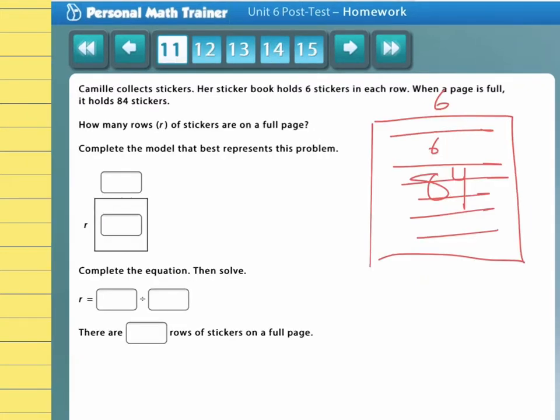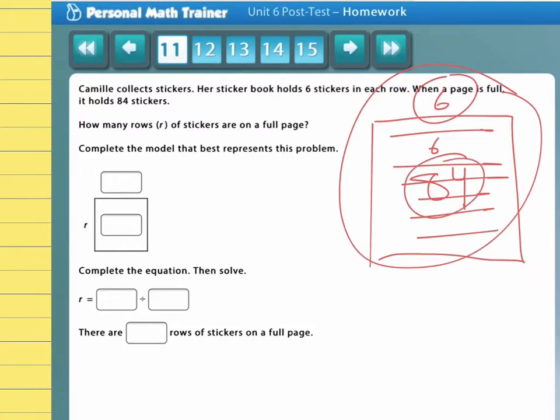All right, taking a look at this, you have one page. This represents one page. There's 6 stickers in each row, so I've done that by my width, and then the 84 total. So let's use an area model. You have 84 total. 6 is the width. What is the length? Because length times width equals area, which is 84.